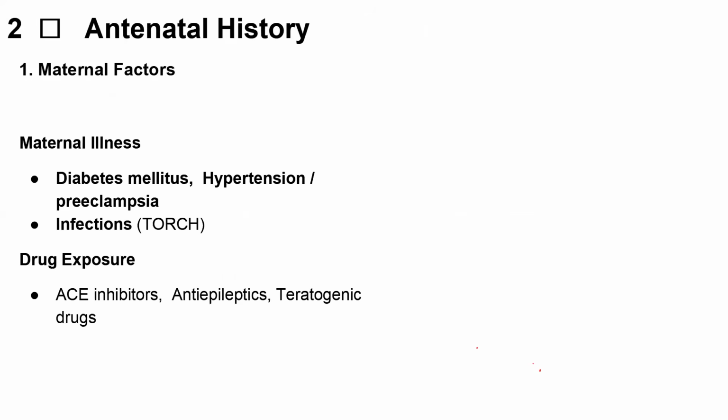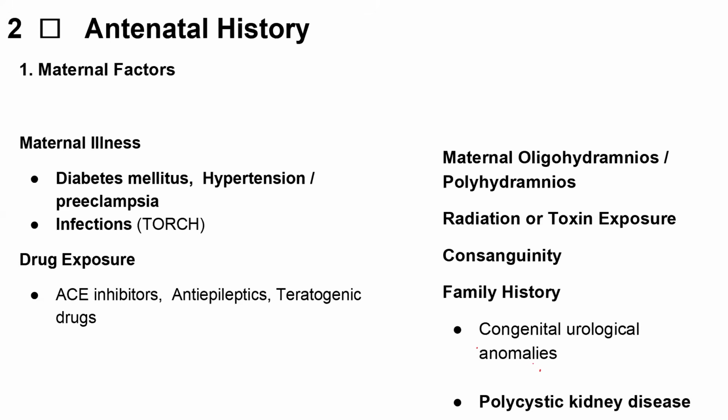Antenatal history can be divided into maternal factors: maternal illness such as diabetes, hypertension, preeclampsia or TORCH infections; drug exposure such as ACE inhibitors, antiepileptics or teratogenic drugs; maternal oligohydramnios, polyhydramnios, radiation and toxin exposure, consanguinity, and family history of congenital urological anomalies or polycystic kidney disease.